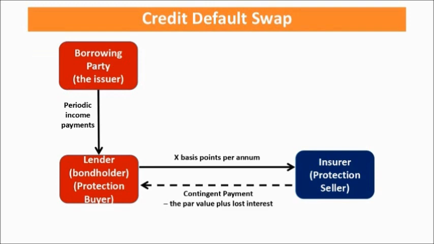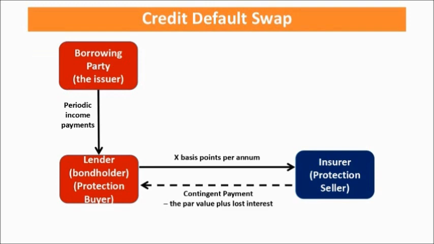So what happens is, the lender in this credit default swap agreement is nothing but a protection buyer. He is a bond holder in the initial agreement, but here he is a protection buyer. He wants to buy this protection so that whatever default is done by the borrowing party can be compensated.